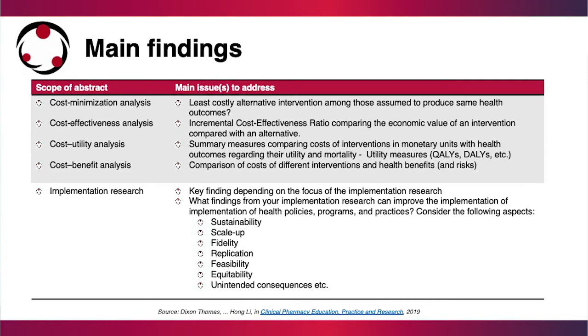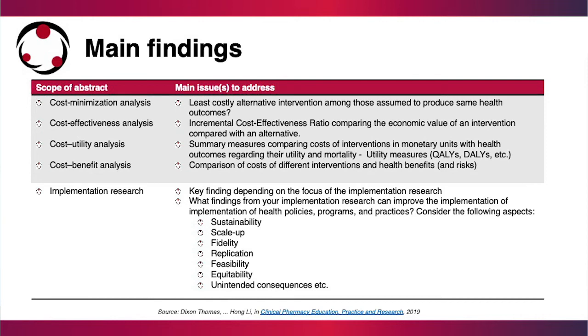Cost utility analysis summarizes measures comparing costs of interventions in monetary units with health outcomes regarding utility and mortality, using utility measures such as QALYs and DALYs, etc. Cost benefit analysis compares costs of different interventions and health benefits and risks.